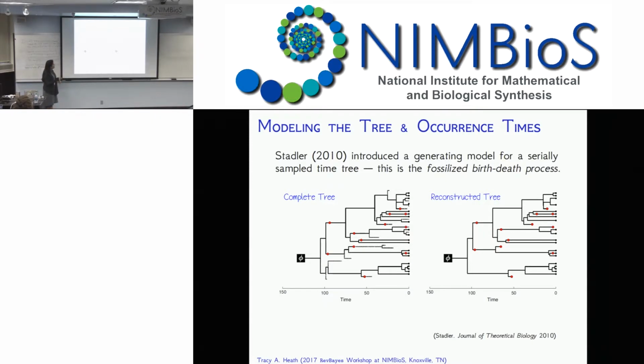And we also sample some of the taxa in the tips. Actually, I think in this particular example, we sampled all of the living taxa. But what we actually have is the reconstructed tree in the very end, right? So we've sampled some proportion of taxa in the present. We've sampled some of the fossils over time.